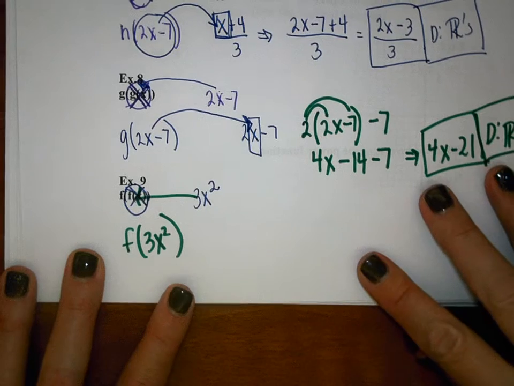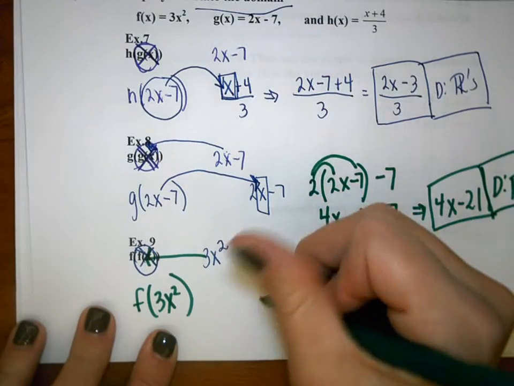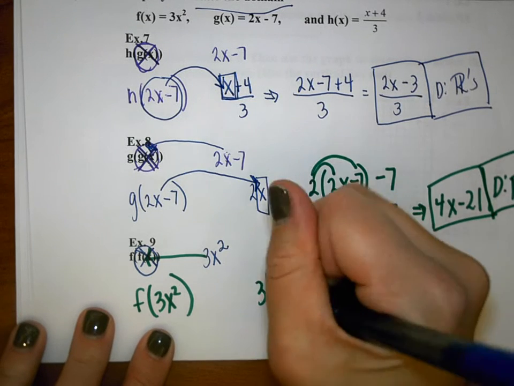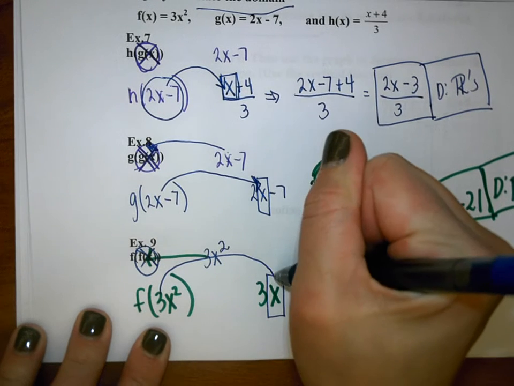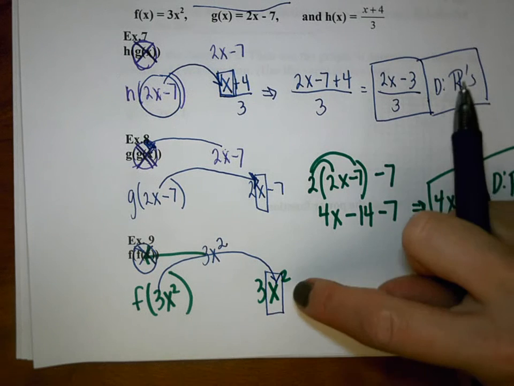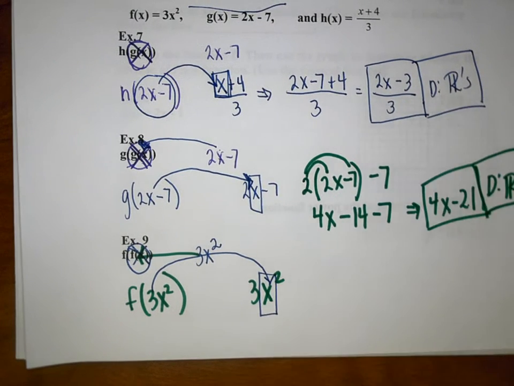So again, we know that our f equation is 3x squared. So now this x right here, I am now plugging in 3x squared for that x. That's what we're substituting in now. Please pay attention that the only thing that's being squared is the x, not the 3 here, okay?